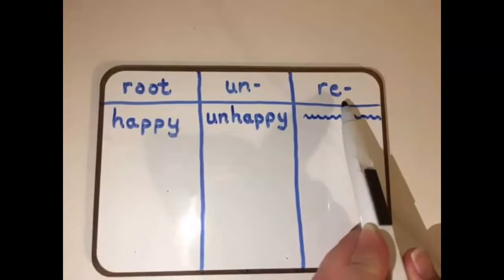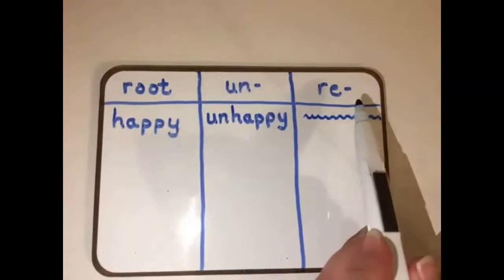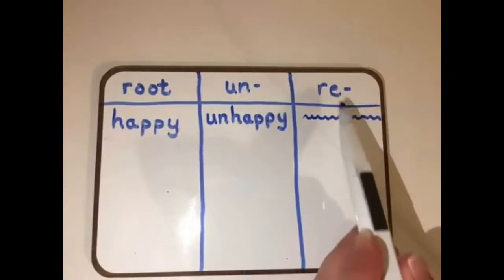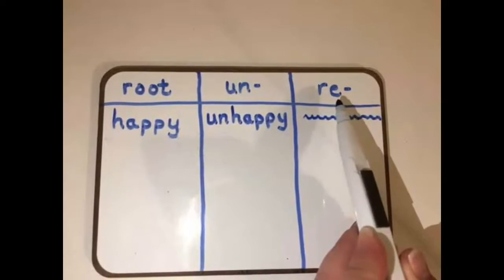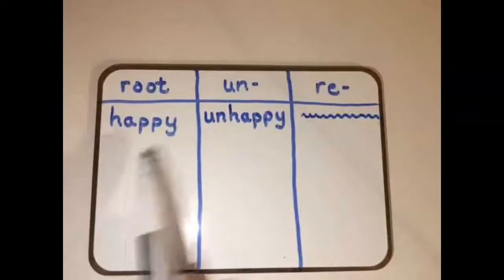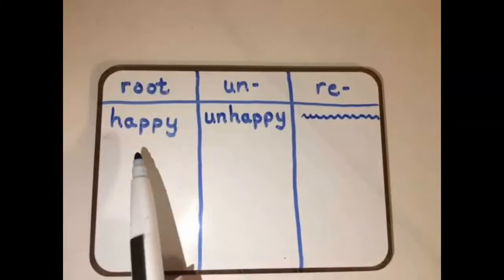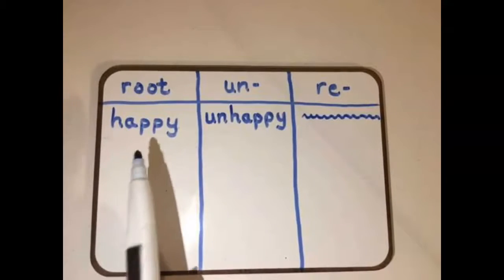If I said remake, so remake your cube with your Play-Doh, for example. Re means to do it again. Remake means make it again, right? So happy again is not a word that we typically use. We just say we're happy as it comes along, and we're happy for different reasons, okay?